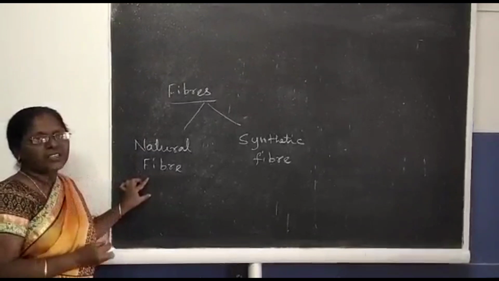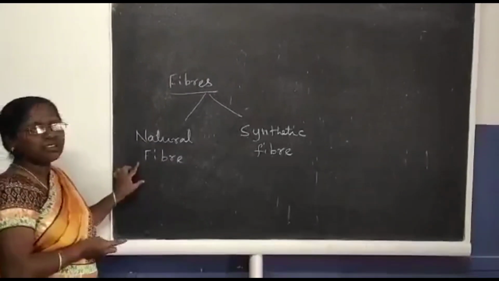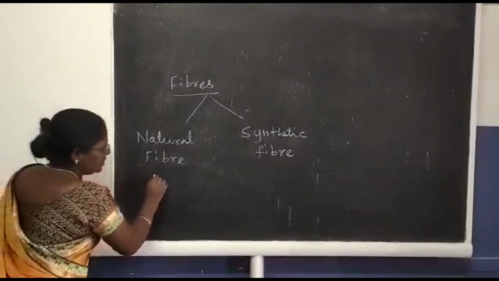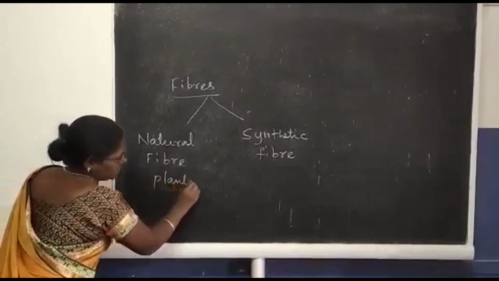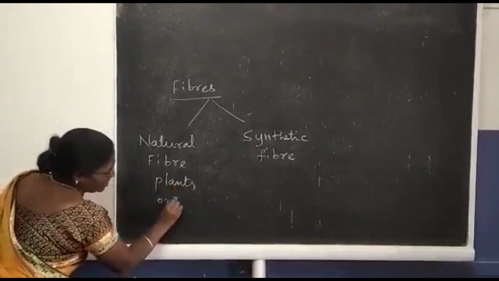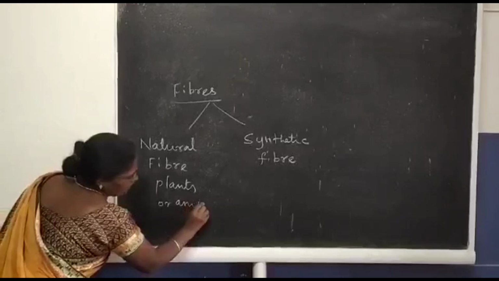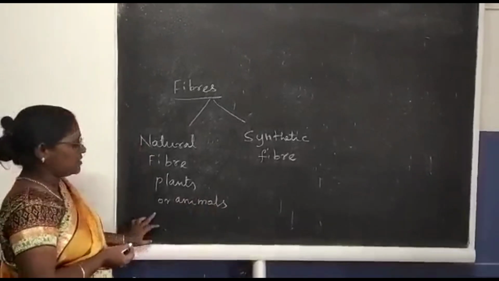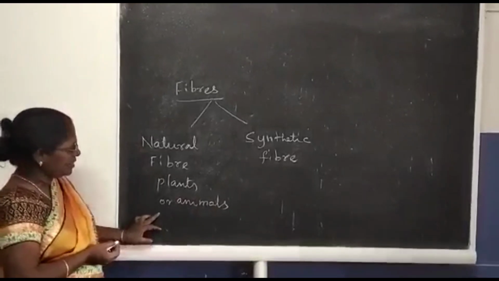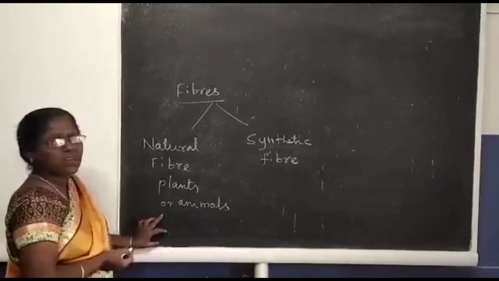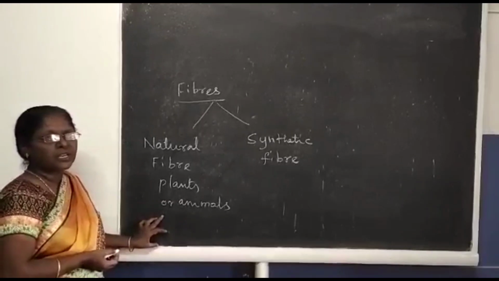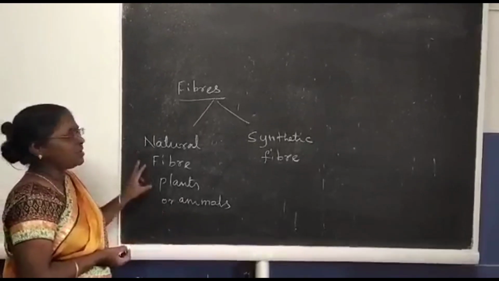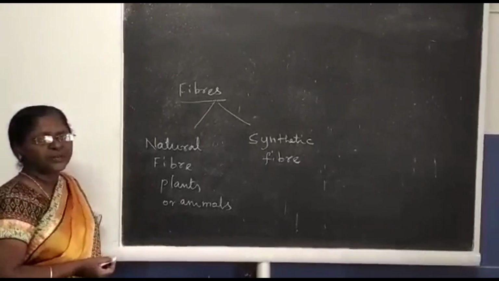You will get it in a straight line. Natural fibers are obtained from plants and animals, for example hair, silk, and coconut fiber. These are examples of natural fibers.